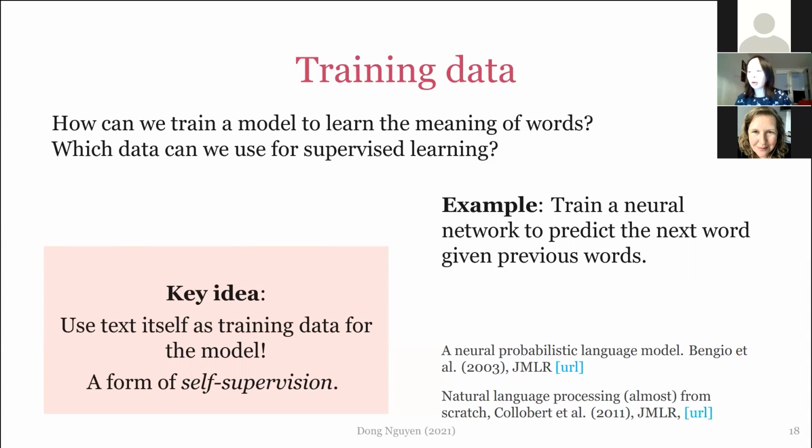It needs to encode some patterns in language. But you can create many of these examples just from your text data, right? If you have many documents, you can just remove some words in your documents and then ask the model to predict the missing words given the previous words. You don't need any additional labels or manual annotations.